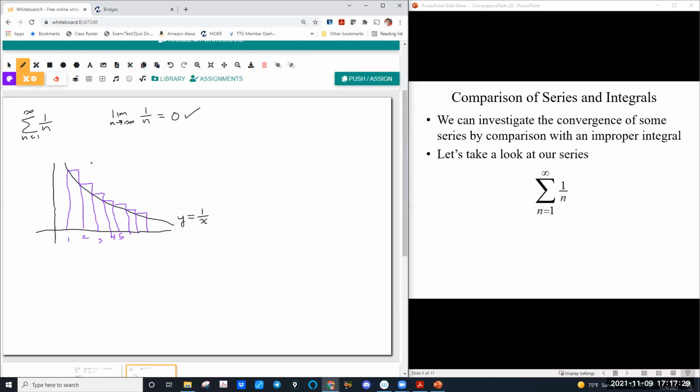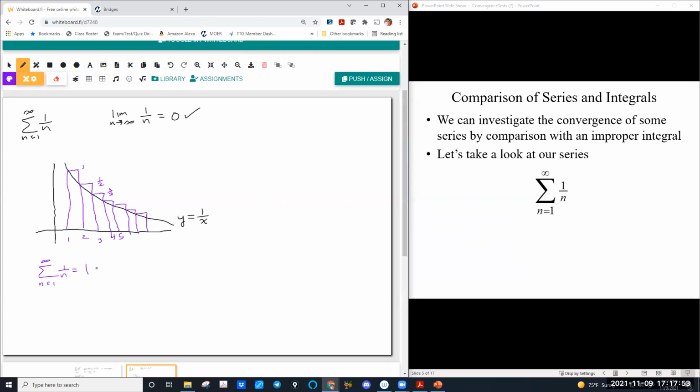Remember, this function is 1 over x, and the height of this block is 1. The height of this block is a half. Height of this block is 1/3, so on and so forth. Those are the first few terms of this series, n equals 1 to infinity of 1 over n.